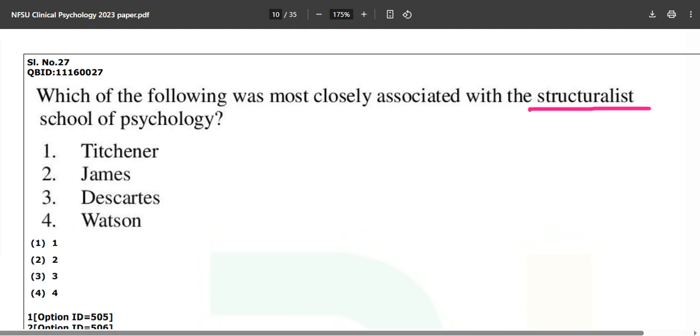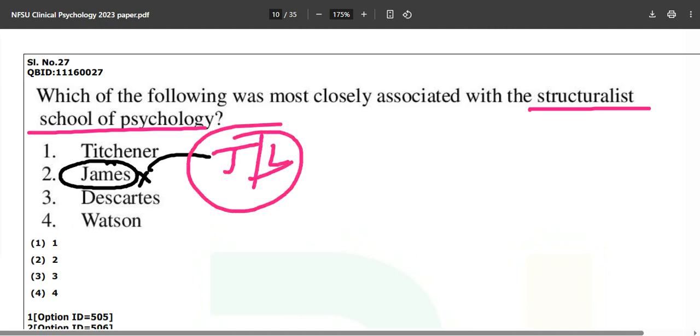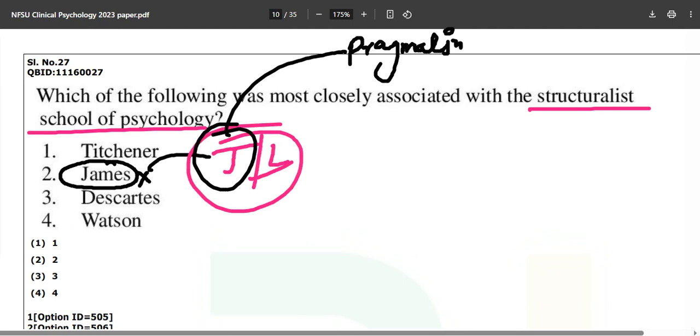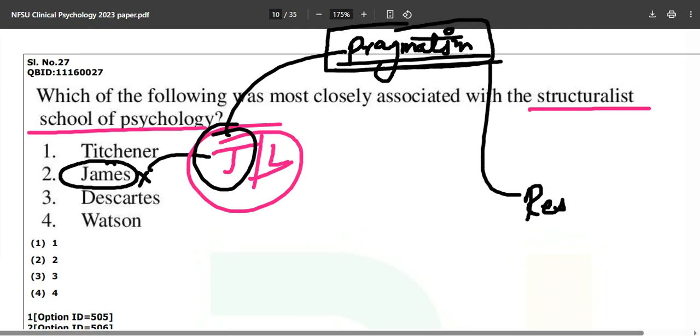Now, structuralist school of psychology, obviously we will not talk about William James over here. This guy, William James, is the same one who gave that theory. What theory? James-Cannon-Bard. No, not James-Cannon-Bard. The James-Lange theory of emotion. Same William James, and this guy James also gave you pragmatism, where methods don't matter, only the results matter.